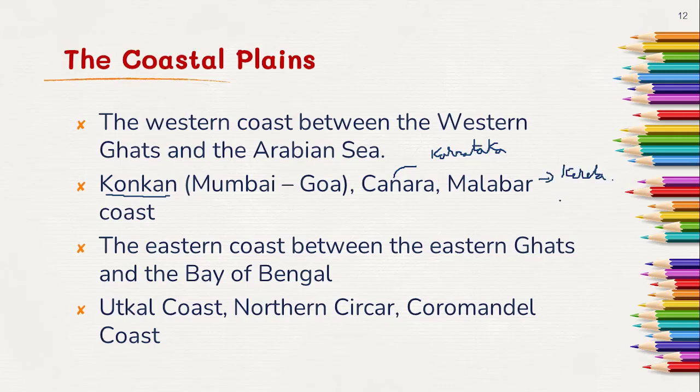On the east side we have the Utkal coast, which is in West Bengal, the Northern Sarkar coast, which is located in AP, and the Coromandel coast, which is located in Tamil Nadu. These are the coasts which we have.